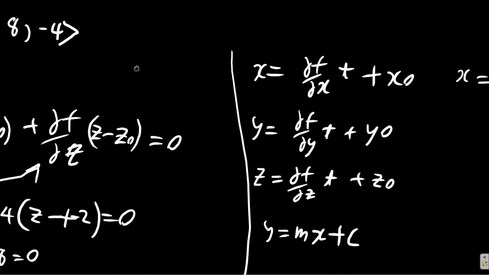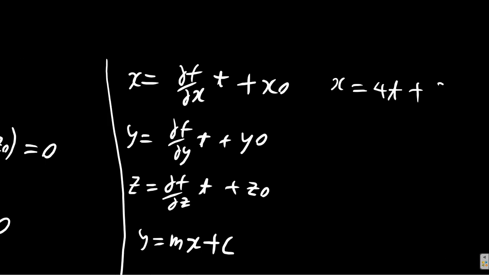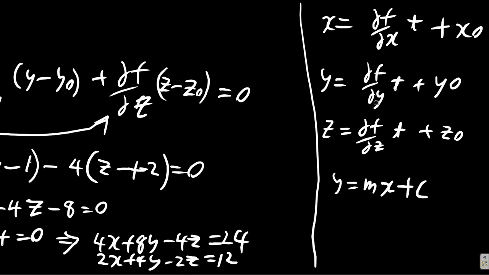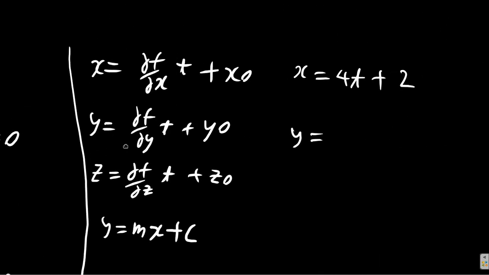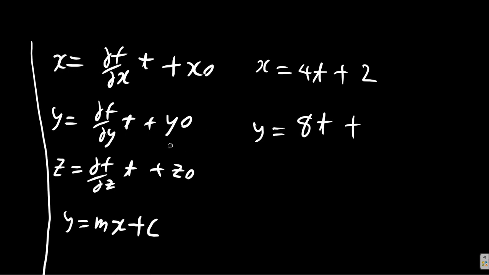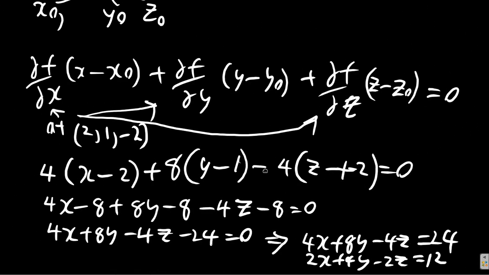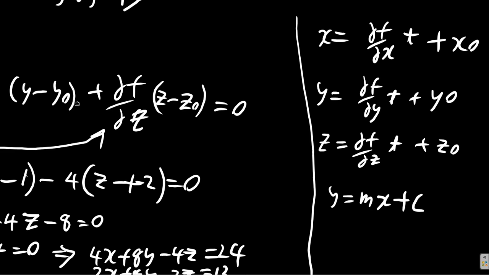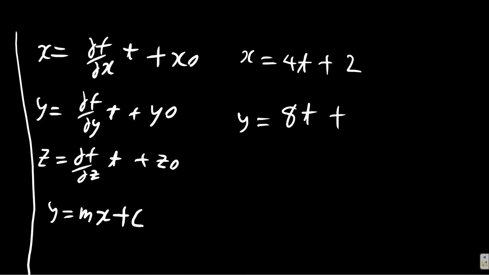It was 2. Then y is equal to 8t plus the second point, which was 1, so it's plus 1.